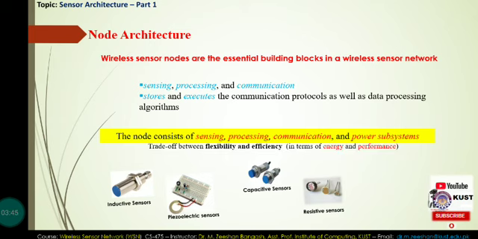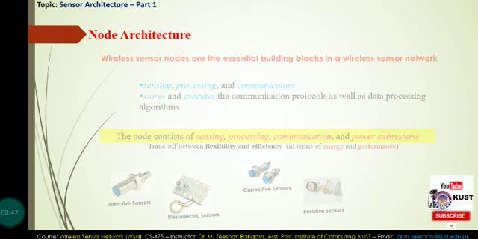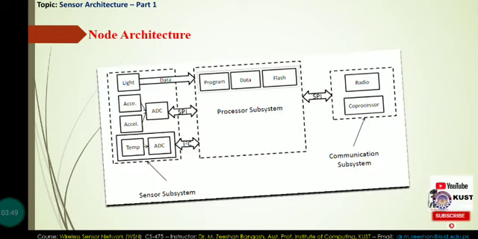In the next slide we will be discussing the architecture of that node, which comprises some program that is written, some data, an analog to digital converter, and different subsystems involved in the overall architecture. We'll be discussing these things in the coming lectures. However, an architecture for a node is shown in the slide.